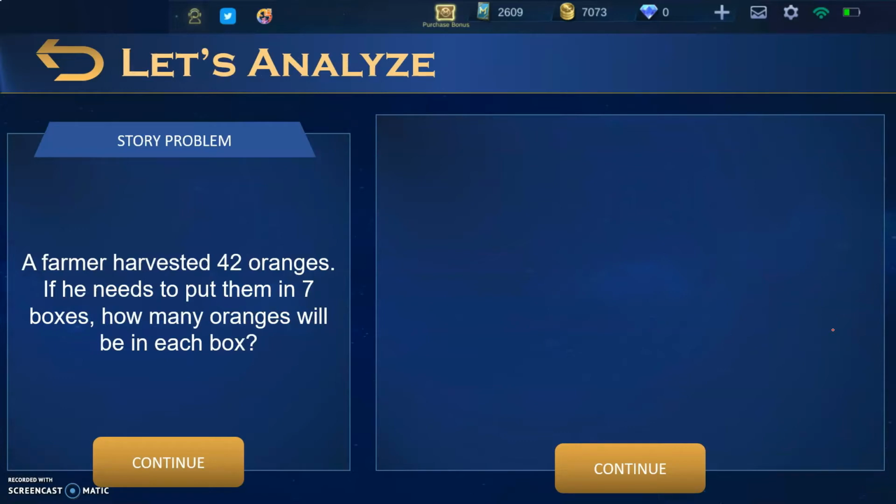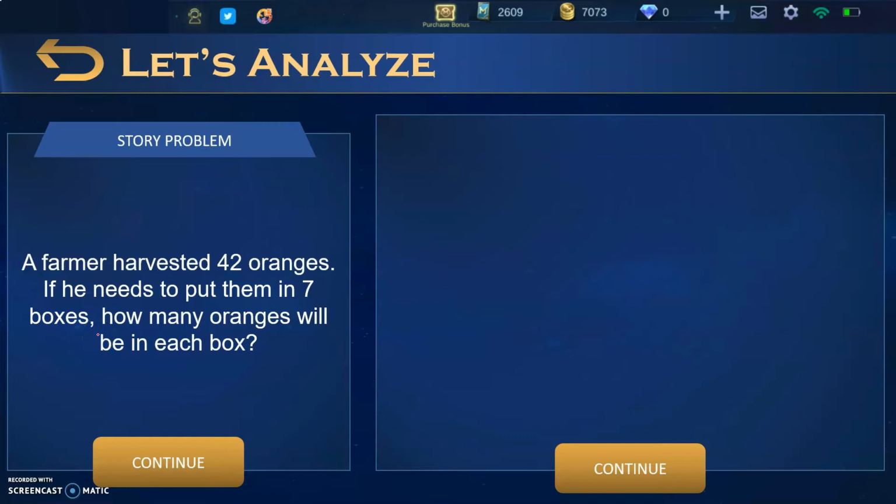So, in our story problem, the first thing we need to identify is what is being asked. The question being asked is how many oranges will be in each box? And the given data are harvested 42 oranges and put them in 7 boxes. Again, to solve this, we will use the ESA method.